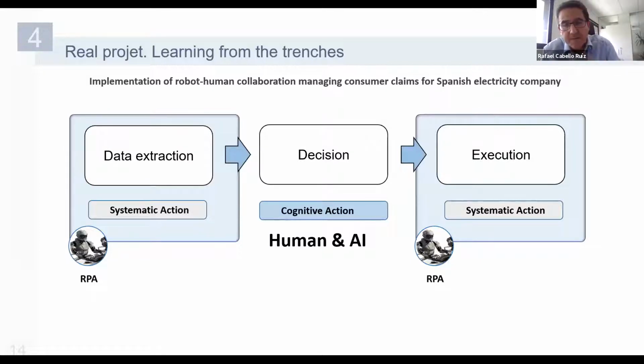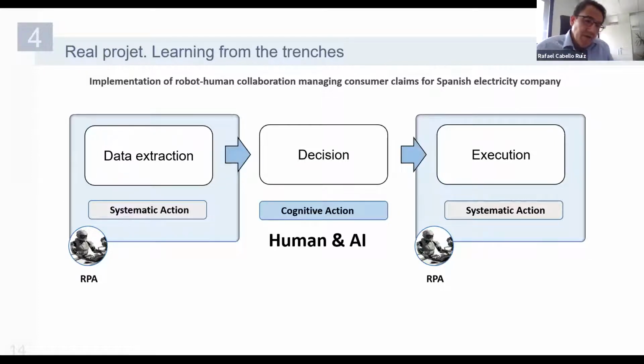And also this is the Trojan horse to introduce machine learning in the process, because we have the data extracted by the RPA and the decision performed by the humans.